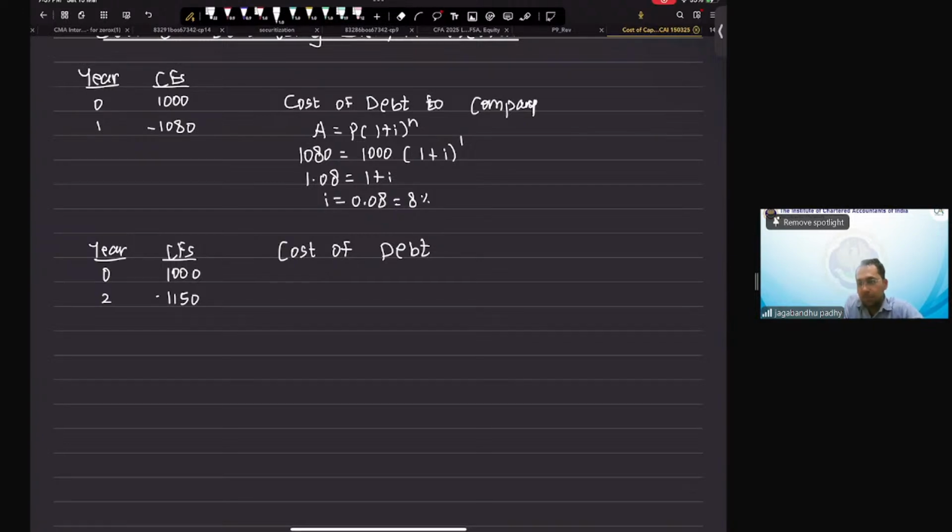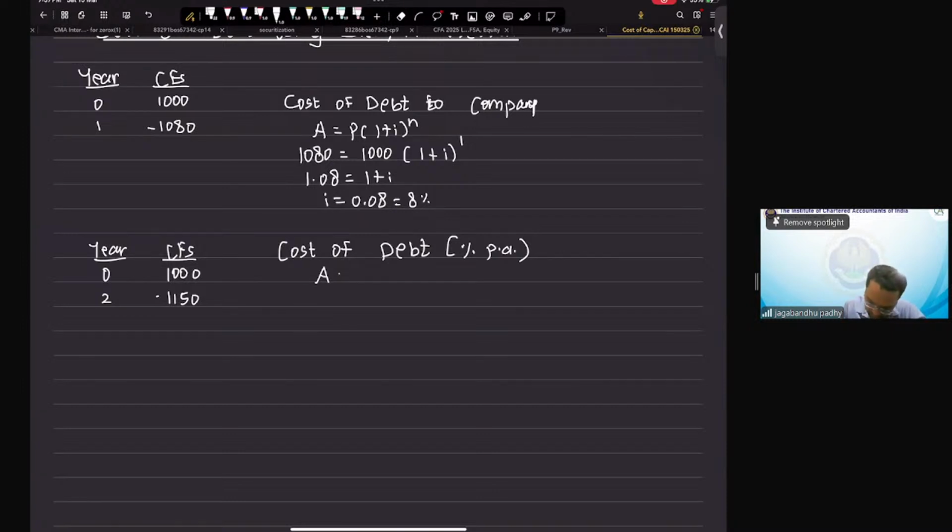Remember, it has to be a percentage per annum. Is it 15% per annum? No, this is not 15% per annum.